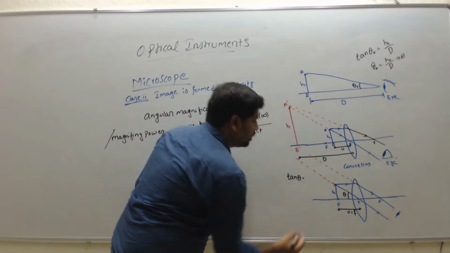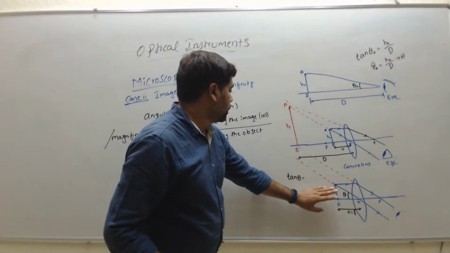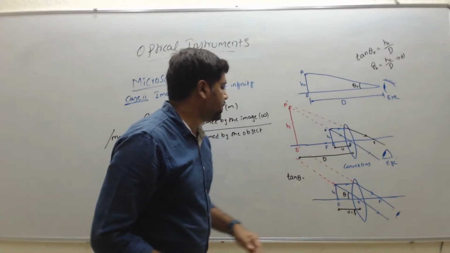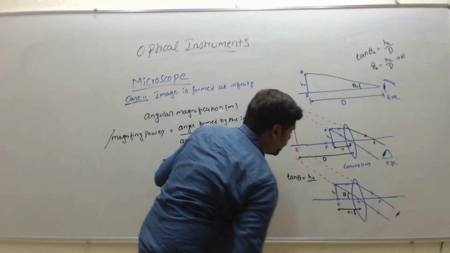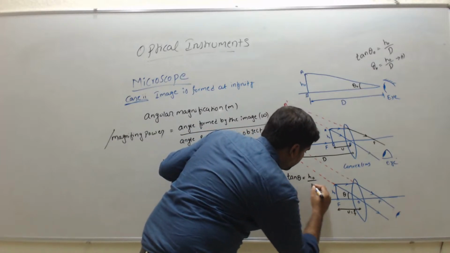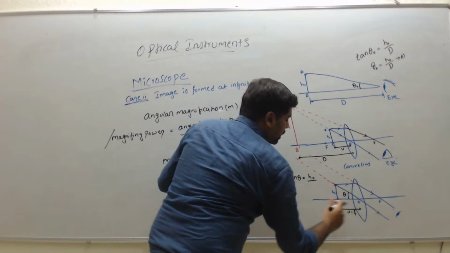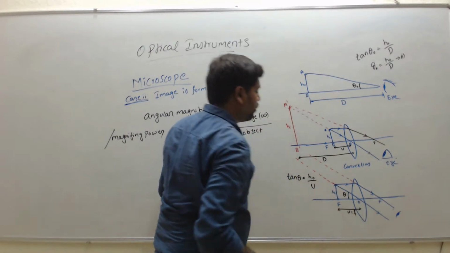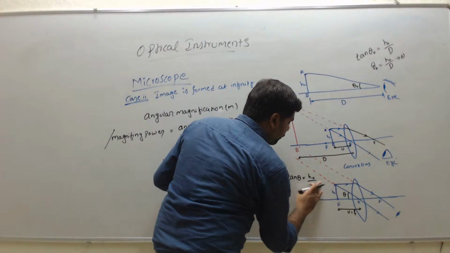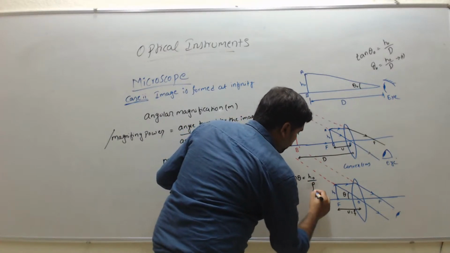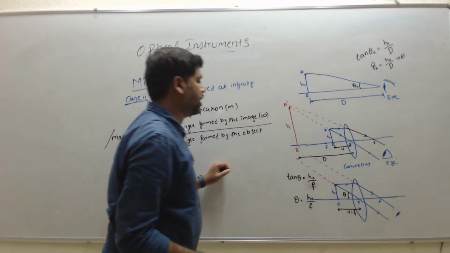Tan theta is the angle formed by the image, which is equal to the height of the object divided by the distance, opposite side by adjacent side, that is h naught divided by u, or we can take it as h naught divided by f. For small angles it becomes theta is equal to h naught divided by f.